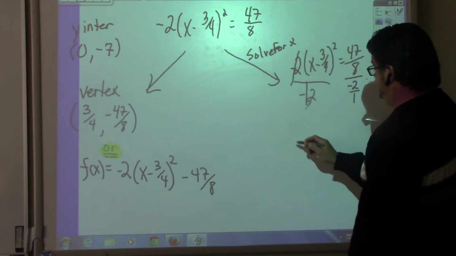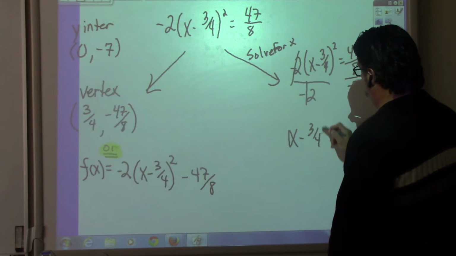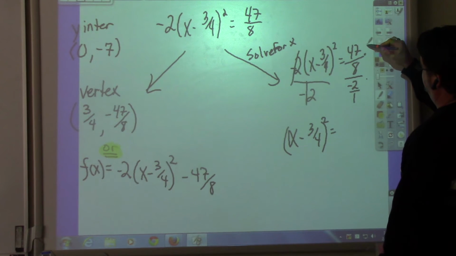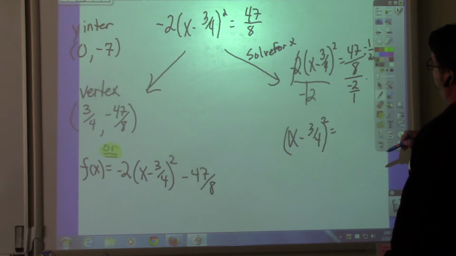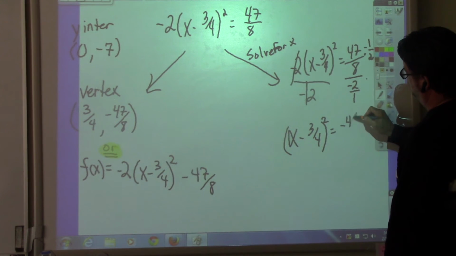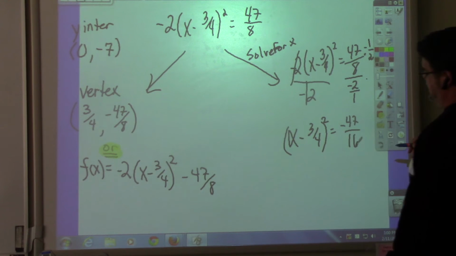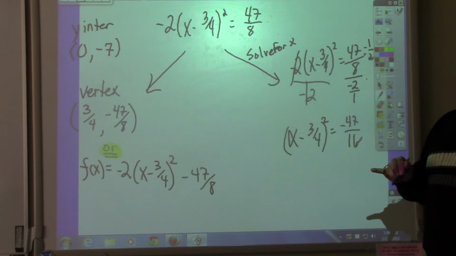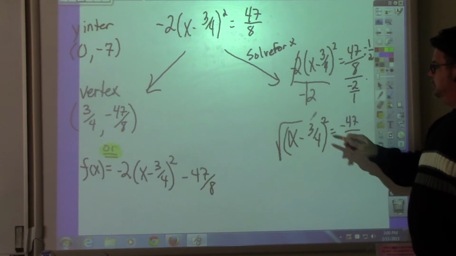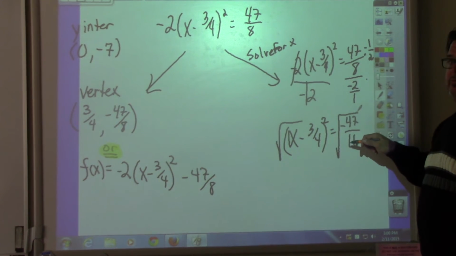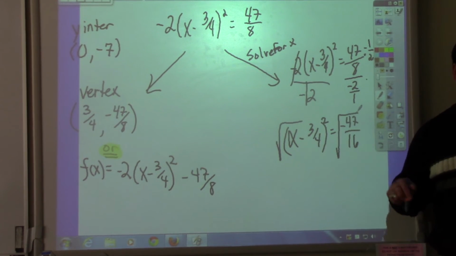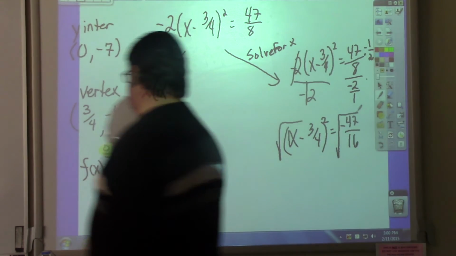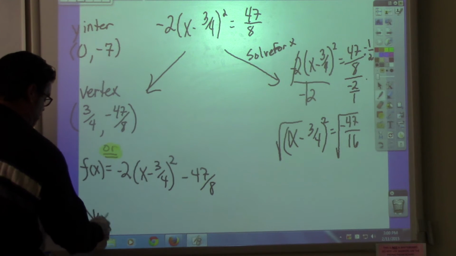You get x minus 3/4 quantity squared is equal to, multiply by negative 1/2, and that gives us what? Negative 47 over what? 16. And then the next spot is when you can't do it. How do you undo a square? Take the square root. Can't do this. So that means in your brain you should be saying we have no what? No x-intercepts. Now, I'm going to show you how to finish it.